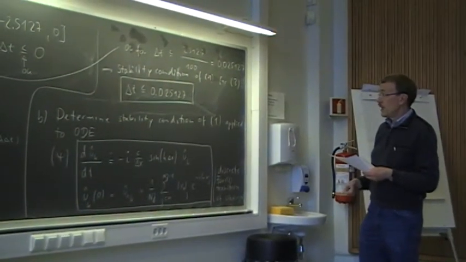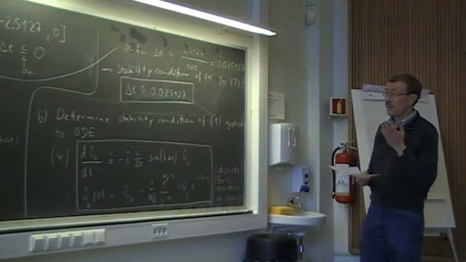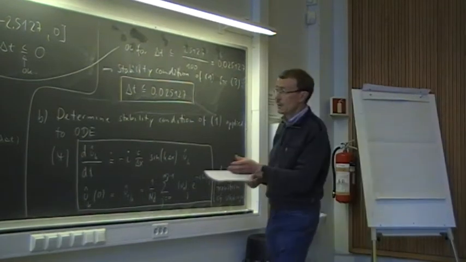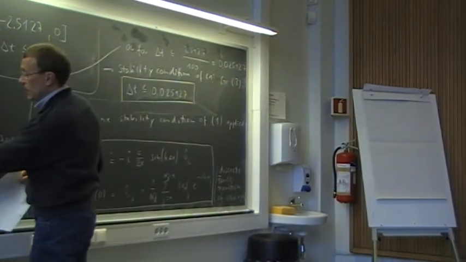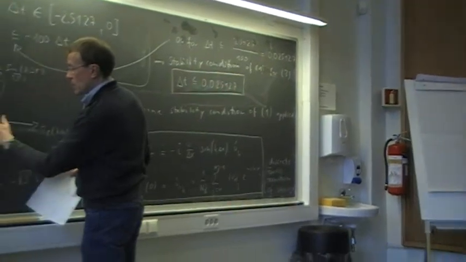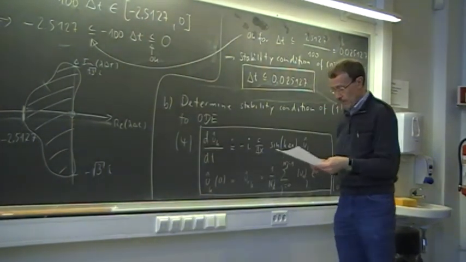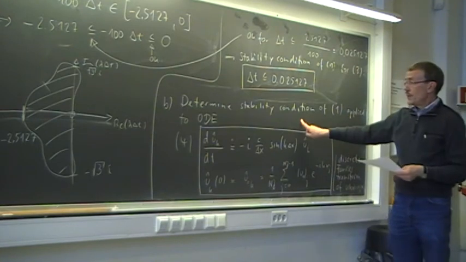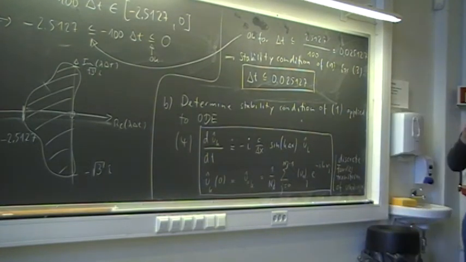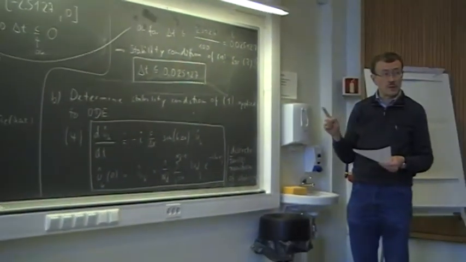So here we had lambda real, and then we had to look on the real axis. That lambda delta t has to be inside this region here. And that we get the condition. Now this one here makes a link to PDE discretization.